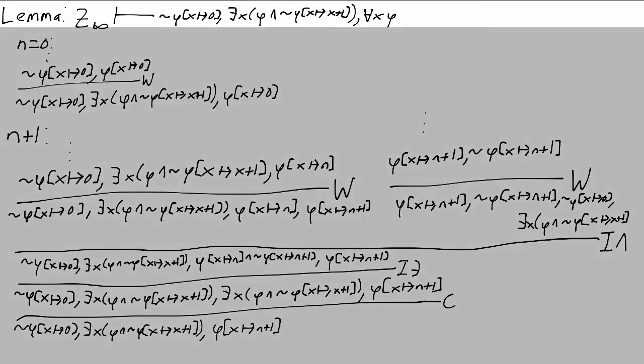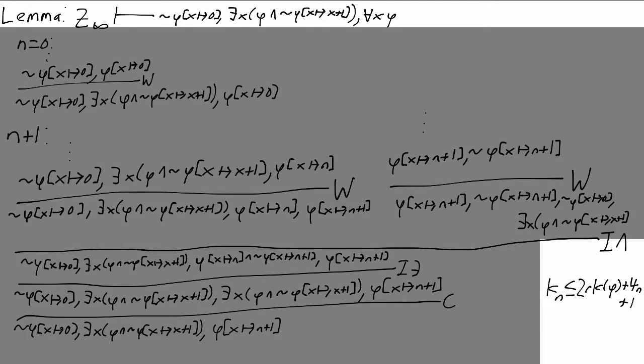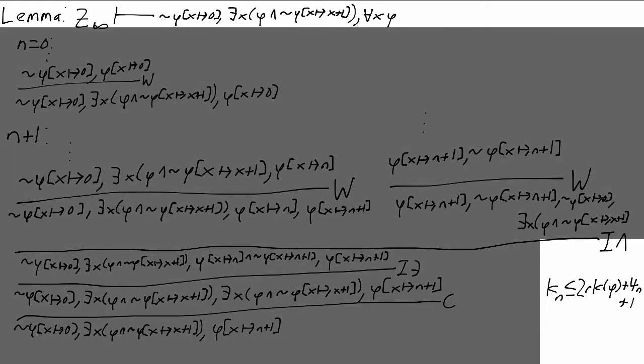And then we count the height of this deduction inductively. When we do this counting, what we discover is that the nth deduction has height at most 4n plus 2 rank of phi plus 1. In order to finish this deduction using for all introduction, we need to bound each of these deductions with some ordinal beta n, so that for very large n, tau of beta n is bounded by n.